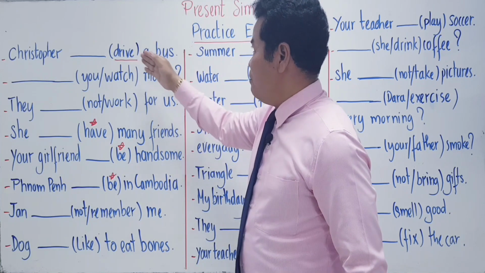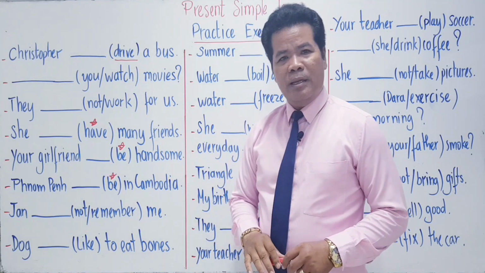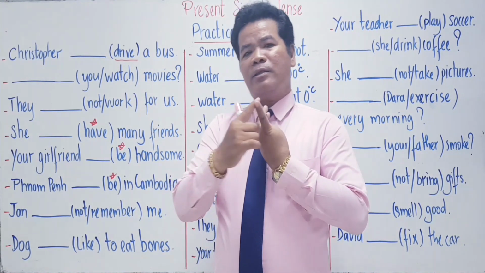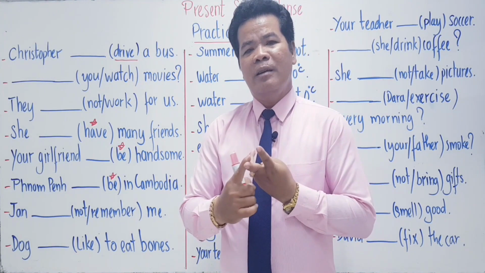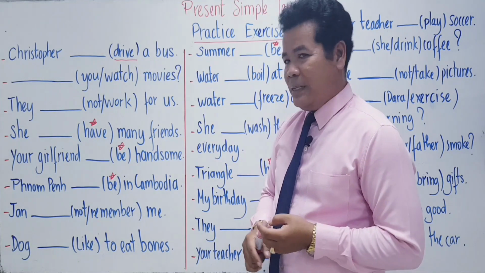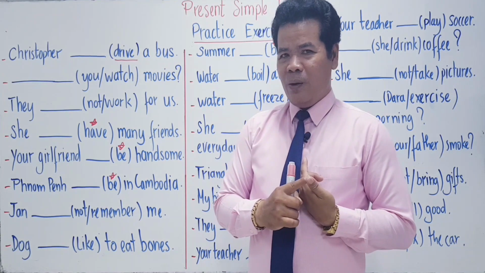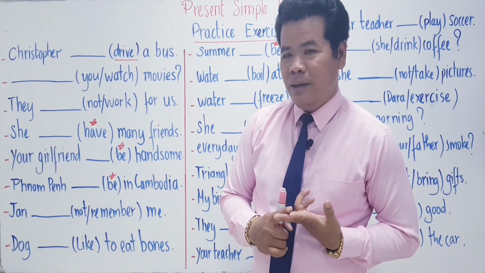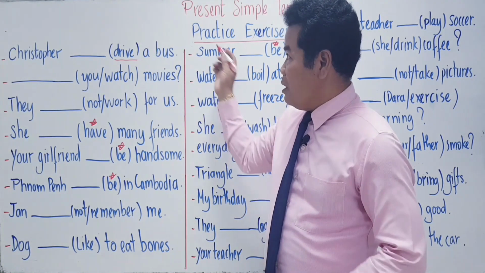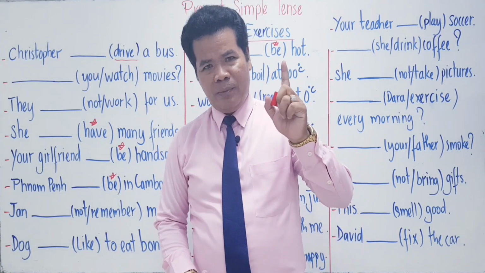Christopher drive a bus. The forms of the present simple tense you have learned are 3: positive, negative, and question. Now look at the sentence. Is it a negative? Is it a question? Or is it a positive? It's a positive. When you see the positive sentence, you have to focus on the verb.